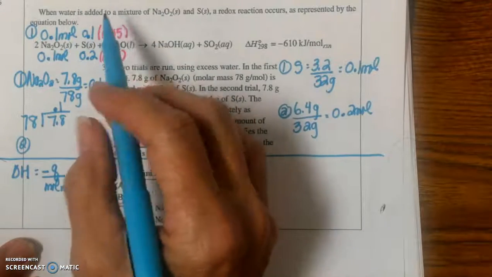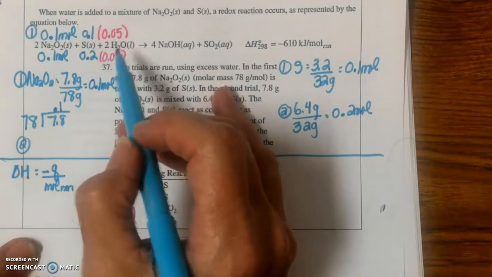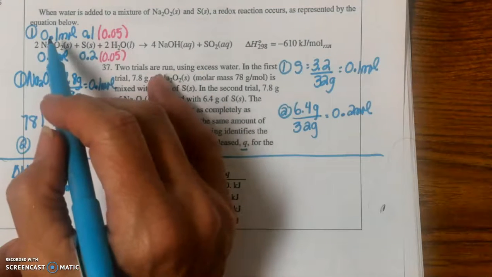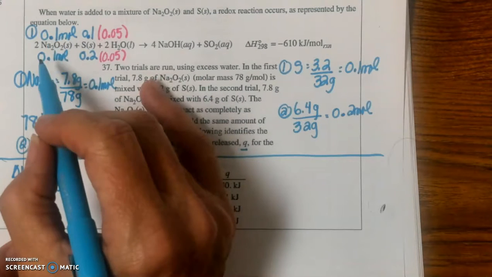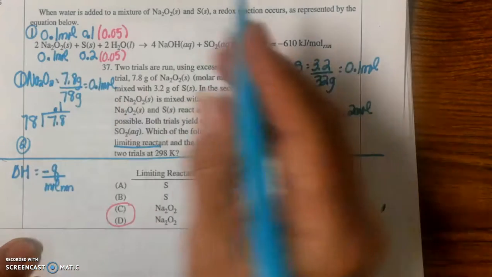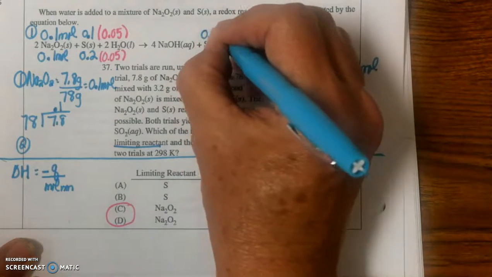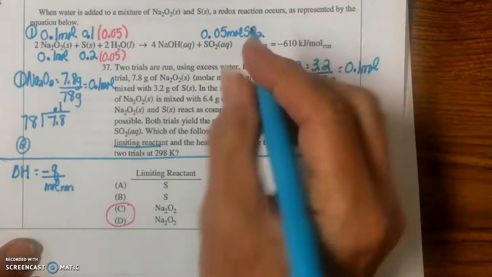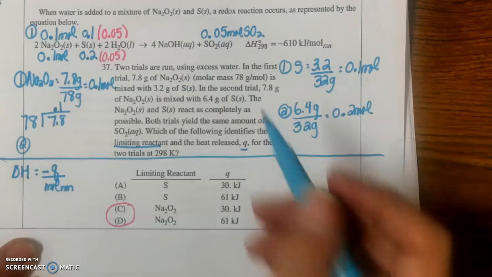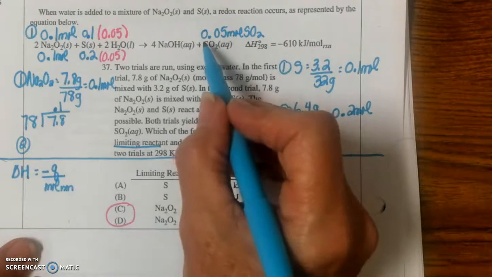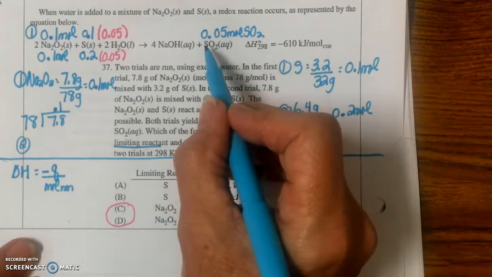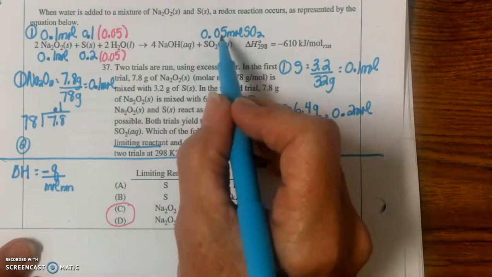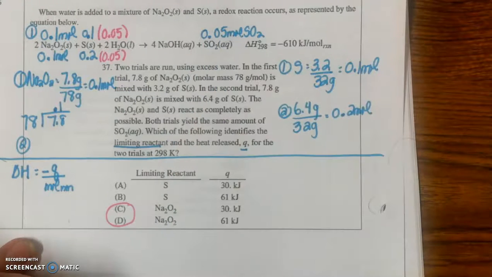Well, it says on here that it makes the same amount of product. How much product is that? If I have 0.1 mole of this and 0.1 mole of this, then I'm going to make 0.05 mole of SO2. And that is going to be my mole reaction.